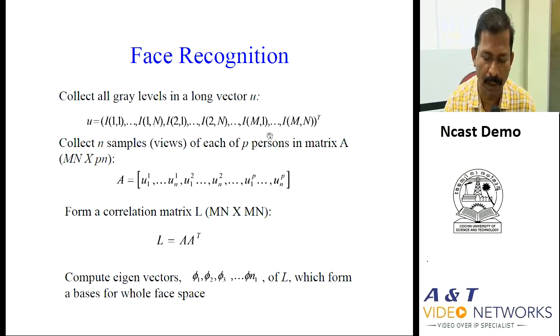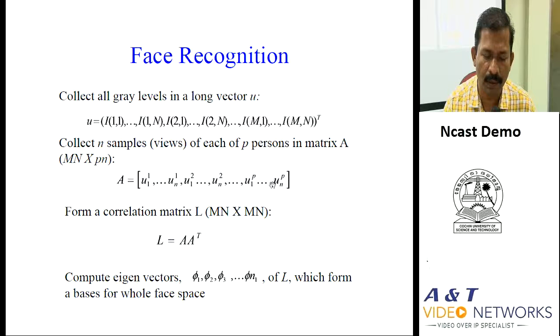So the entire m by n matrix will be scanned and stored as a vector u, and we have a data set of different faces, and for each face we have to take this. So let us say we have p persons. So for p persons we are constructing a matrix A. From each face we have a vector u1 up to un.